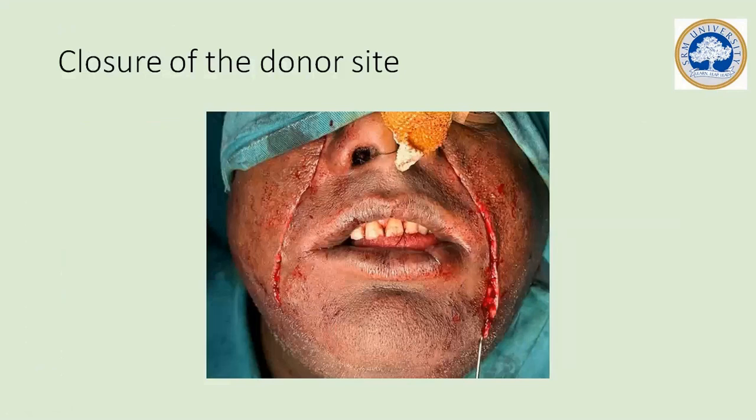This is the closure of the nasolabial flap. We get a good aesthetic outcome, and for closure we have to undermine the skin edges and subcutaneous tissue and get a good tight closure so that there is no salivary communication from the oral cavity.